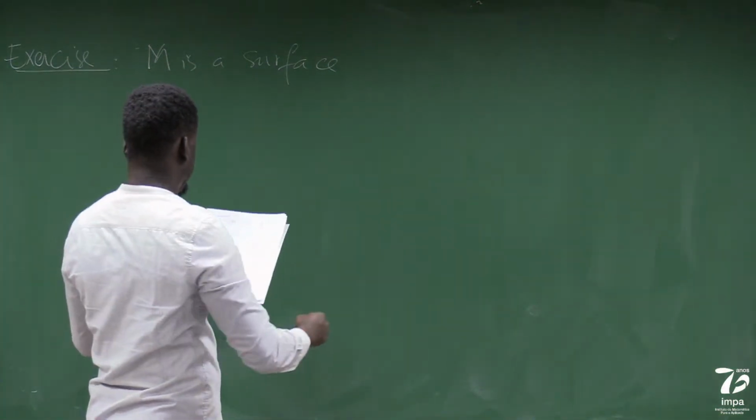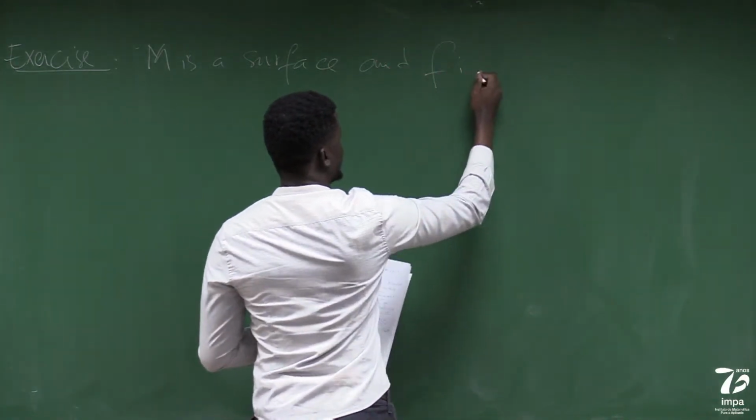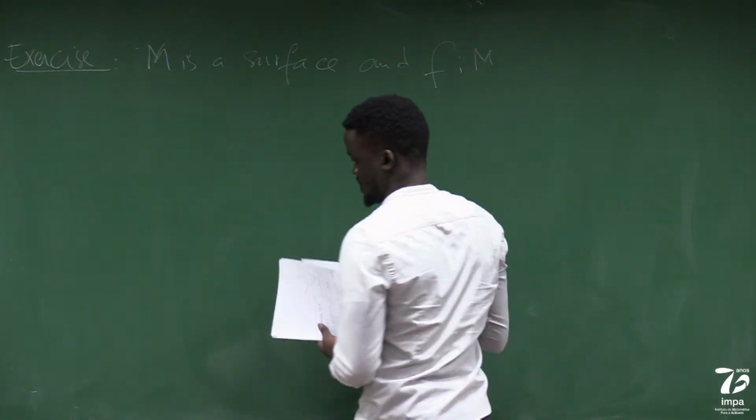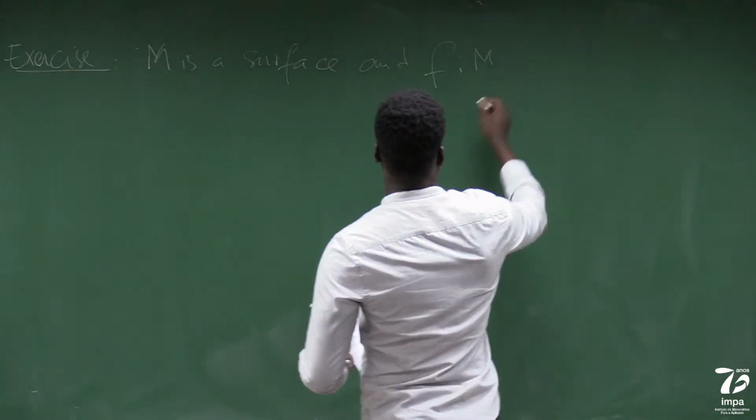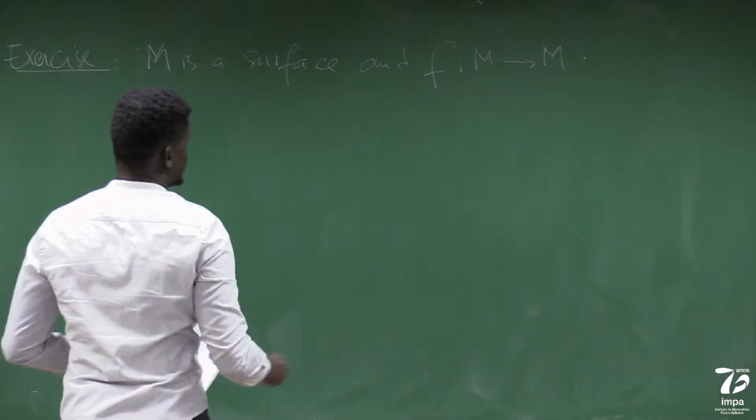If you have a surface and f from M to M is a diffeomorphism.